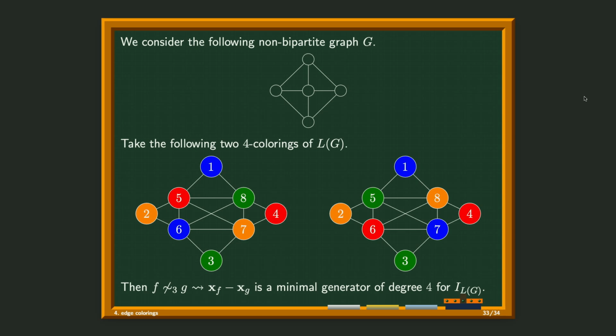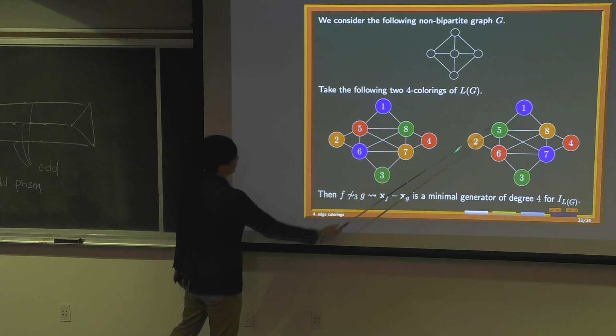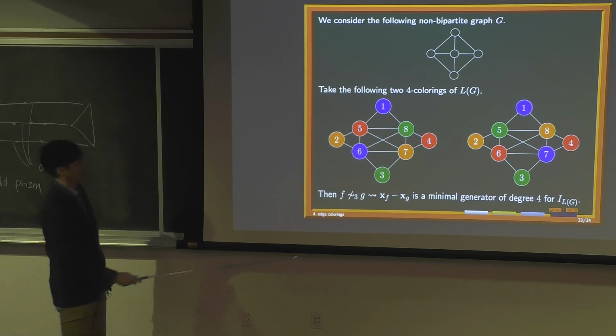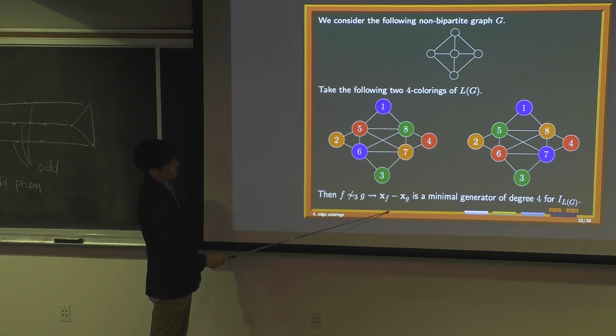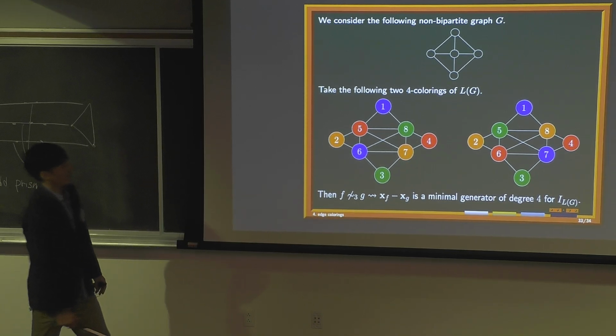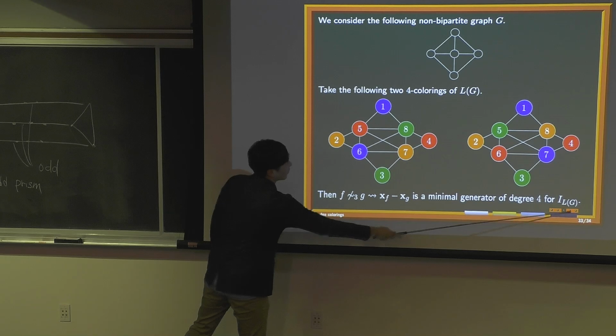It is not easy to check that these are not 3-colored equivalent, but this is just a fact. These 4 colorings are not 3-colored equivalent. This means the corresponding binomial is a minimal generator of degree 4 for that stable set ideal.